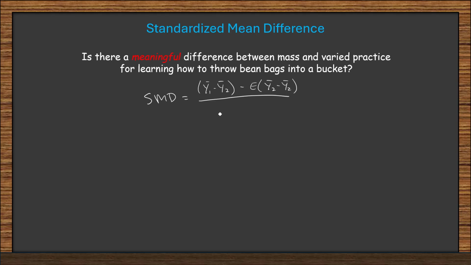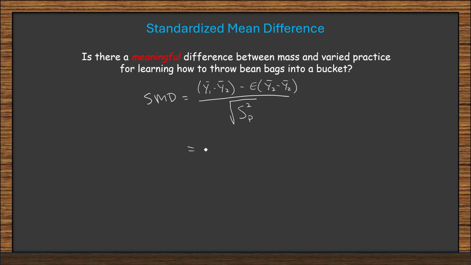If you think about how z-scores or other ways of standardizing something work, we're usually dividing by some type of standard deviation. In this case, because we're using the two-sample t-test, we're going to use the standard deviation based on the pooled variance. So we're going to take the square root of the pooled variance. Now, in most cases, the expected value of the difference in sample means is 0, so often we leave that off, and we simply divide the difference in the sample means by this pooled standard deviation.